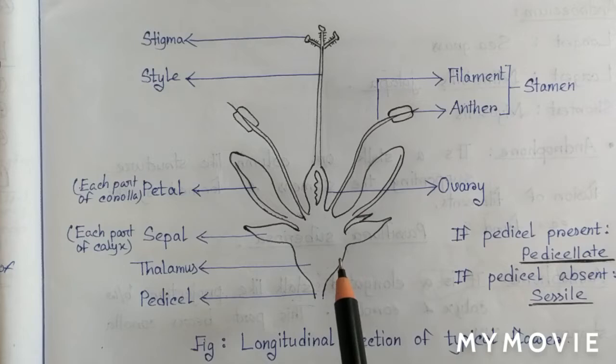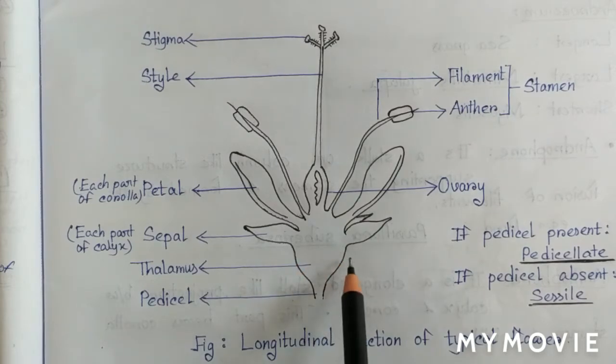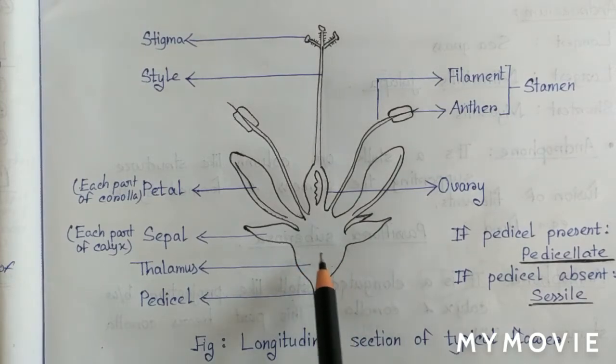Generally, node and internode are found in stem part of the plant, but in thalamus, node and internode are also present, but they are very compressed, so not distinct in nature. So this swollen part is known as thalamus, which is at the upper portion of pedicel.